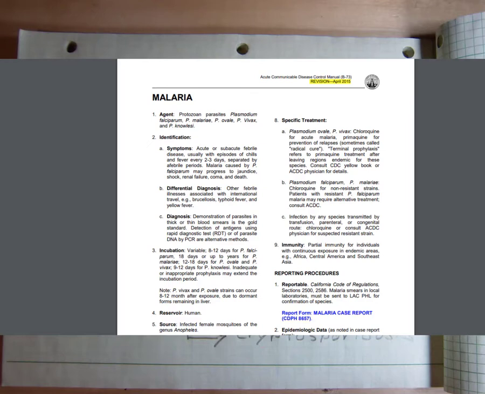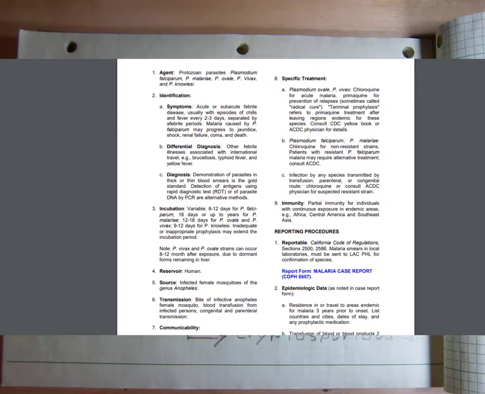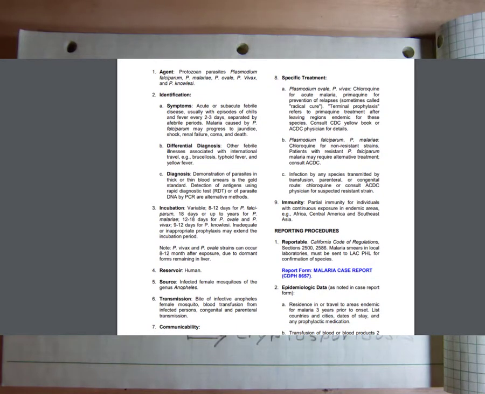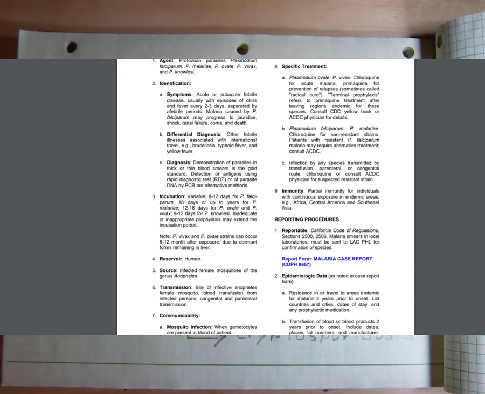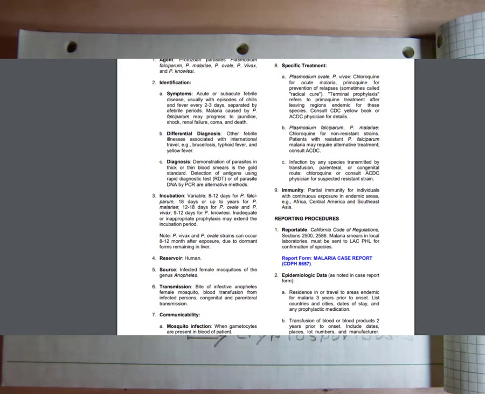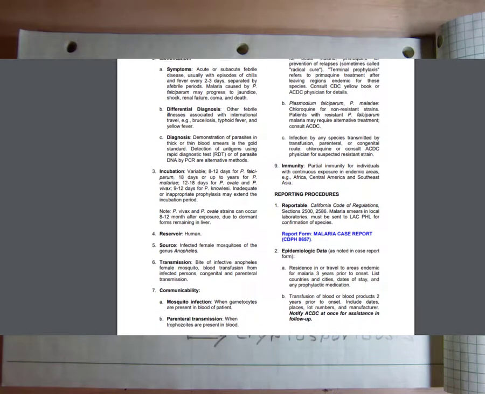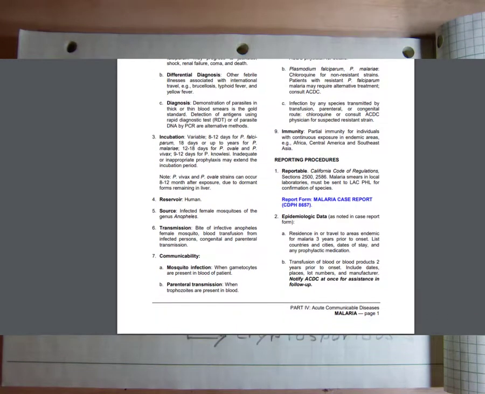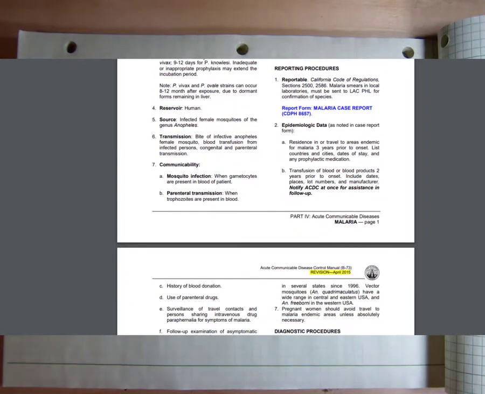Insects transmit disease from bites, and these diseases are transmitted from bites of mosquitoes, lice, and ticks. Malaria, yellow fever, and encephalitis are typical diseases spread by certain species of mosquitoes.